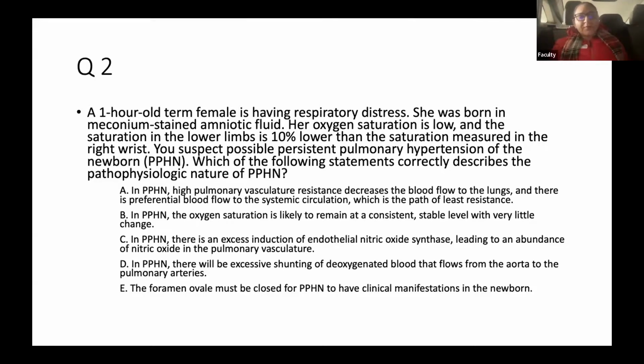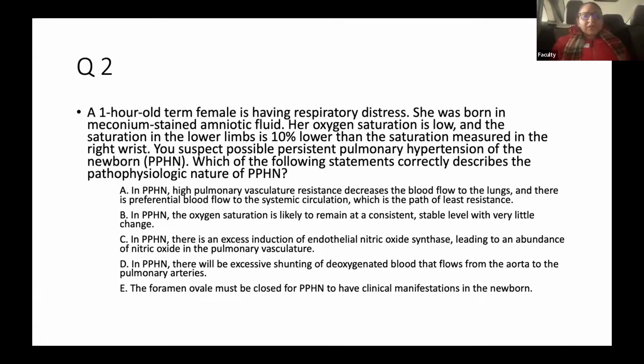A, in PPHN, high pulmonary vascular resistance decreases the blood flow to the lungs, and there is a preferential blood flow to the systemic circulation, which is the path of least resistance. Or B, in PPHN, the oxygen saturation is likely to remain at a consistent stable level with very little change.